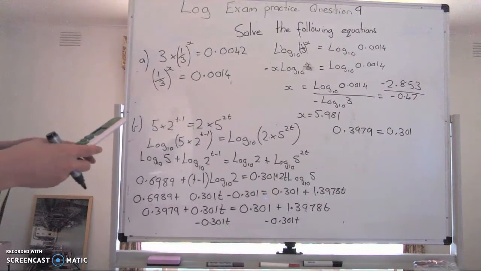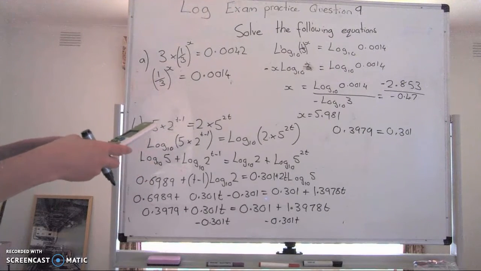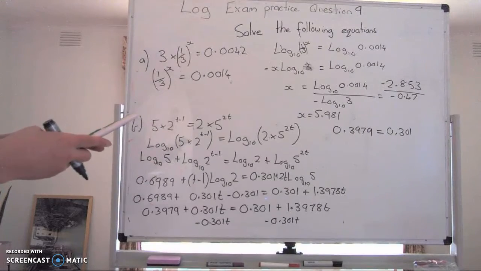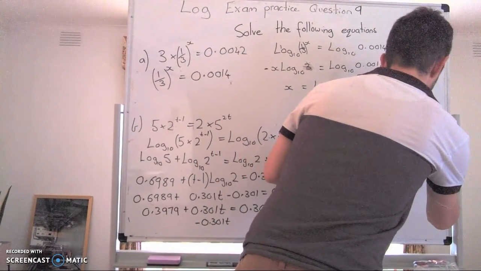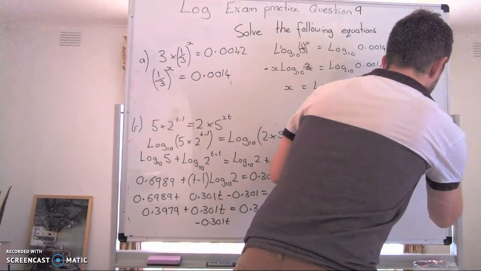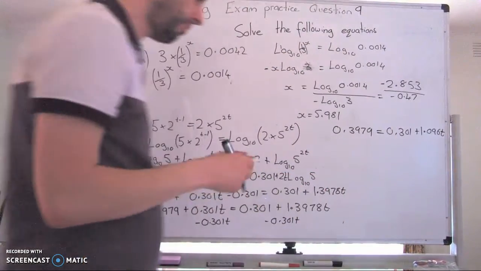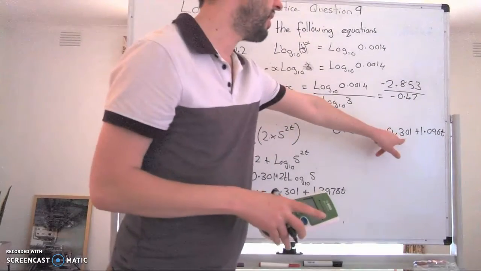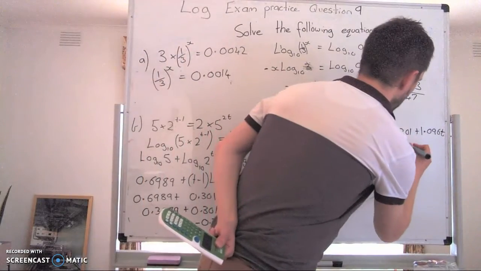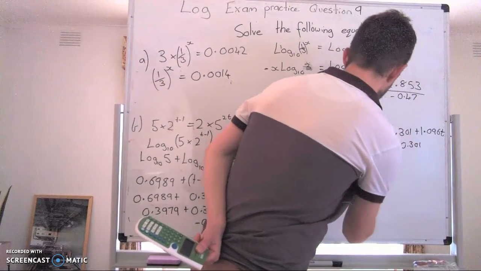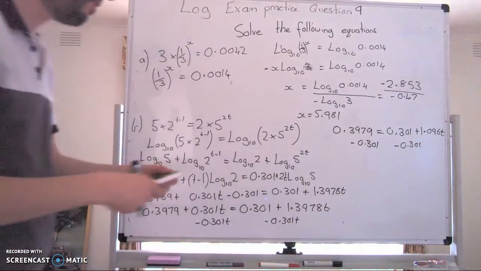I've still got my constant on my right of 0.301, but the amount of t's I've got, I did have 1.3978. I am taking away 0.301. That gives me positive 1.096t. Again, I'm going to get my constants onto one side, so I will take away 0.301 from both sides.